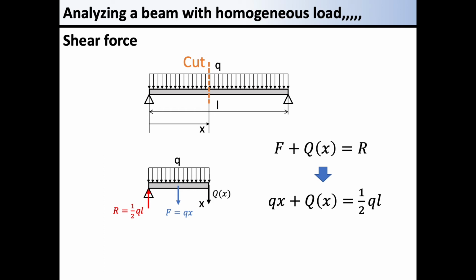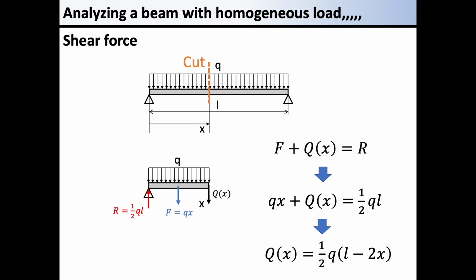Substituting Qx and the reaction F, which is QL divided by 2, we get this equation. From this equation, you can get Qx, the shear force, as introduced above. You should understand the derivation process of the shear force introduced so far.